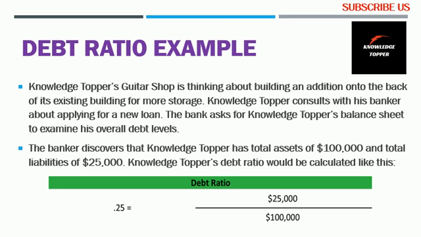So you can say that Knowledge Topper has 4 times as many assets as liabilities. This is a relatively low ratio, and it implies that Knowledge Topper will be able to pay back his loan easily. So Knowledge Topper shouldn't have a problem getting approved for this loan.